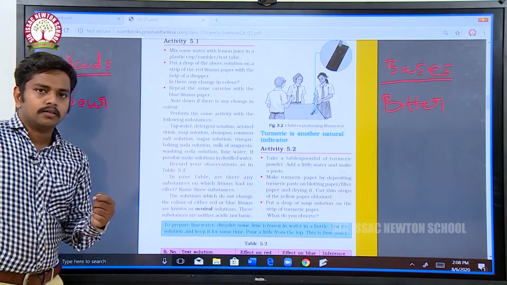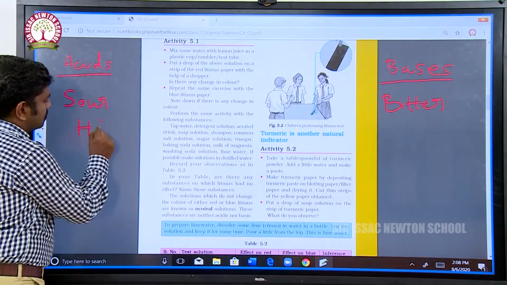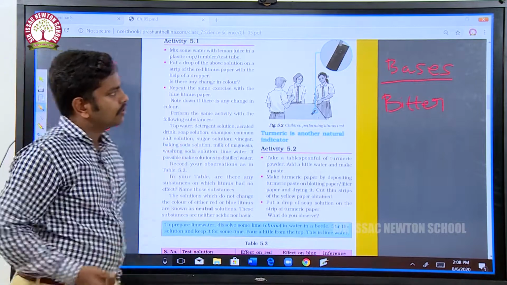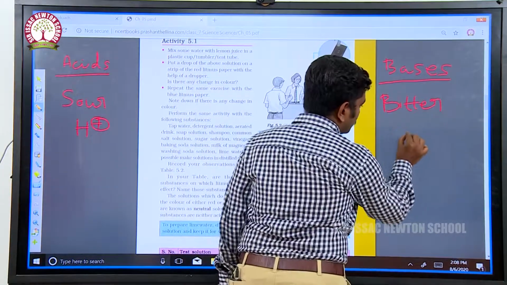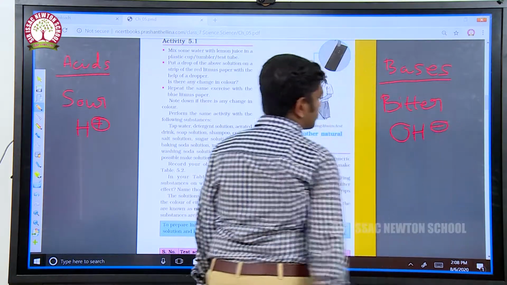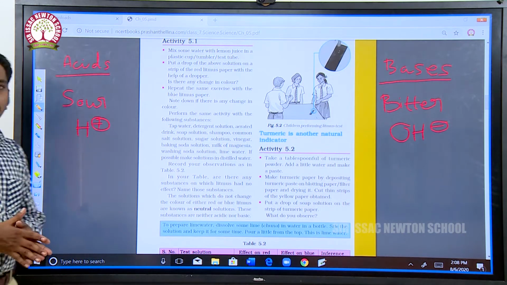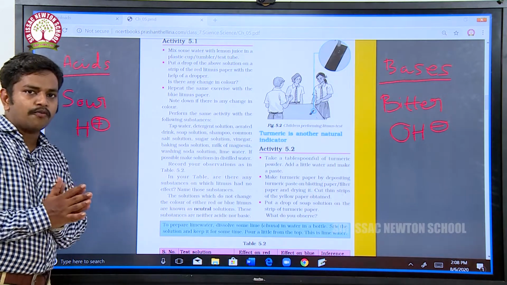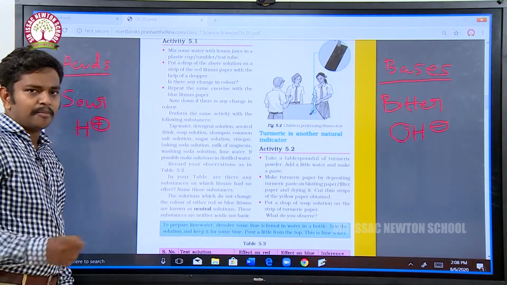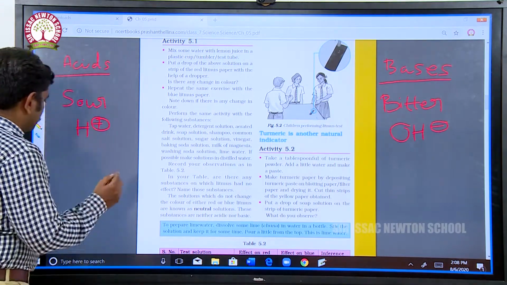In chemical formula, acids are expressed as H plus. And bases are OH minus. What are day-to-day examples of acids? Lemon, amla, tomato, grapes, etc. They contain citric acid.